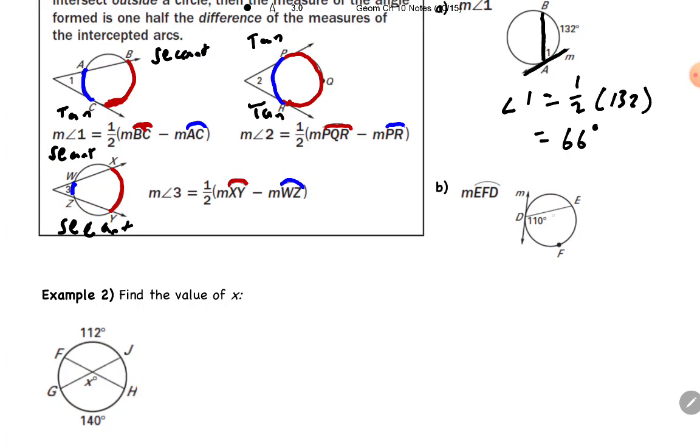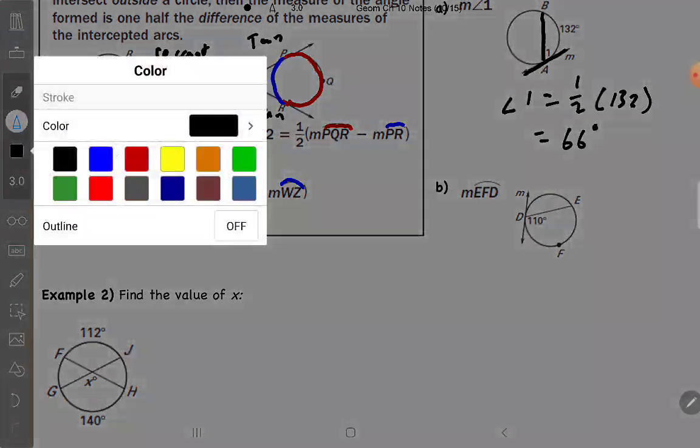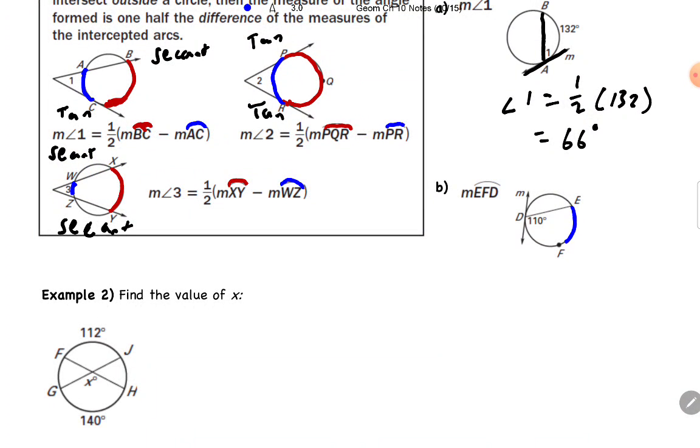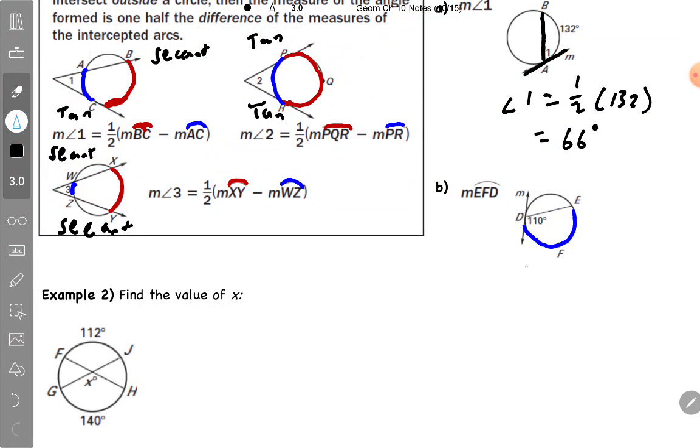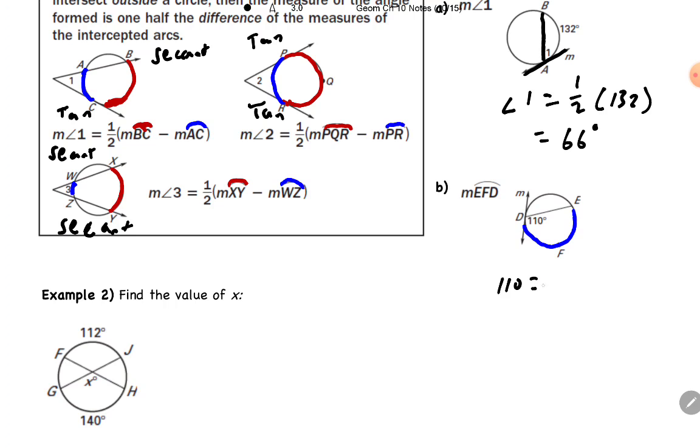Part B, same thing. We're looking for arc EFD. So we're going backwards this time. We're looking for this arc, which corresponds with this angle here, which is 110. So our formula is that angle, 110 degrees, is equal to 1/2 arc EFD.